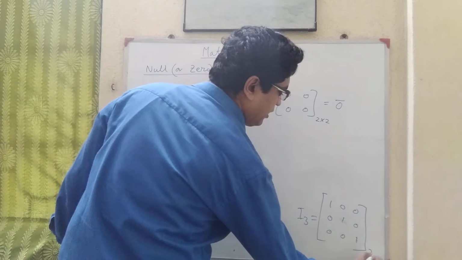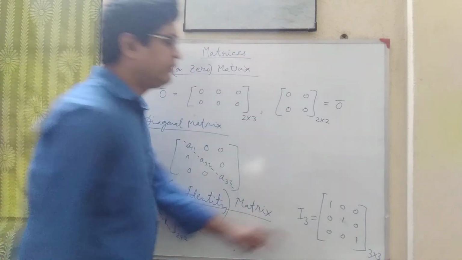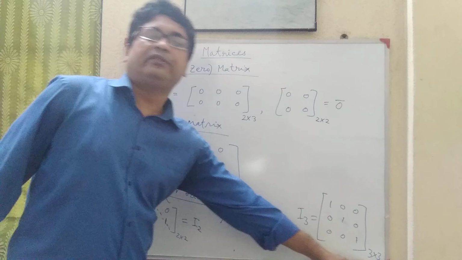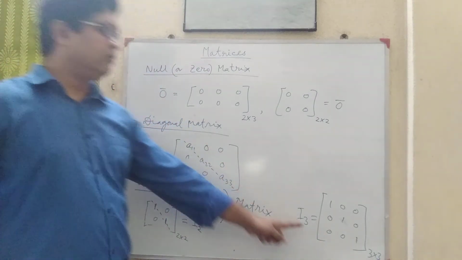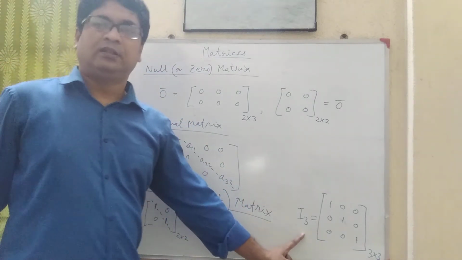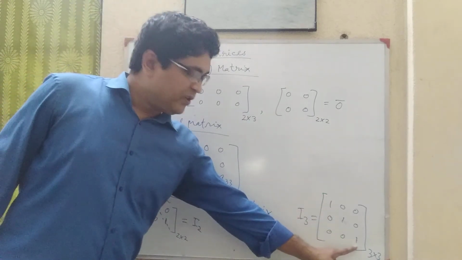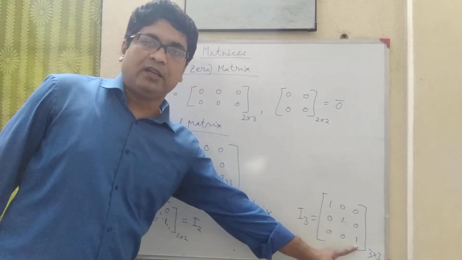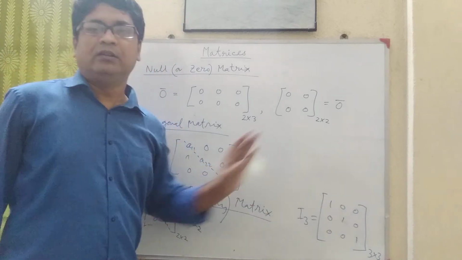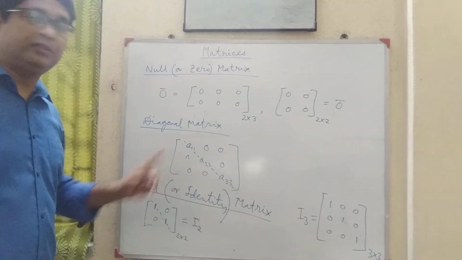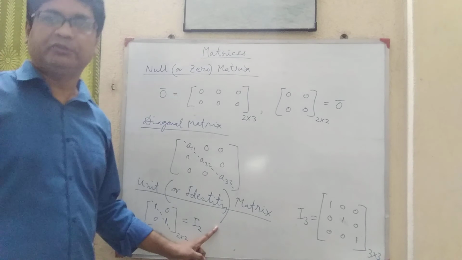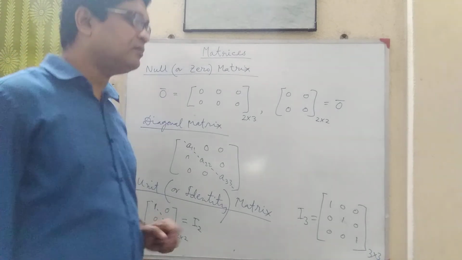This is third order because there are 3 rows and 3 columns. It's a 3 by 3 square matrix, so we say it's a third order identity matrix. Here you notice that all the principal diagonal elements are 1 and the other elements are all 0. This is a very important matrix, so you have to remember this.